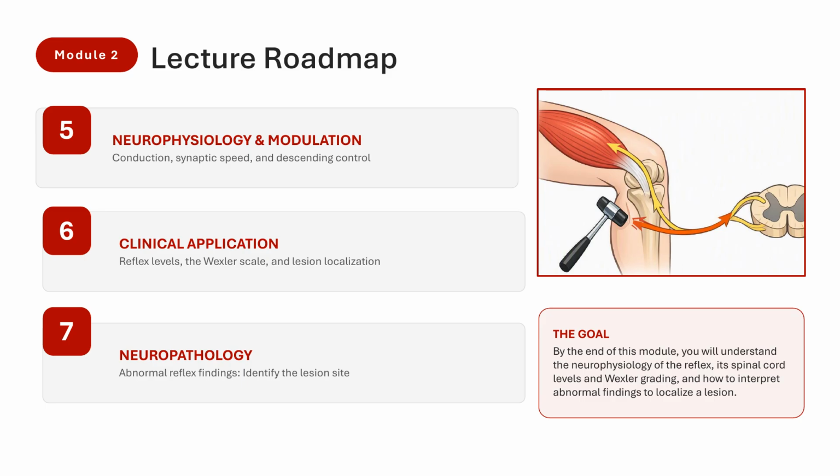Chapter 6, Clinical Application, brings this to the examination itself, the spinal cord levels of each reflex you test, the Wexler scale used to grade them, and the first principles of localizing a lesion from the pattern you observe. Chapter 7, Neuropathology, turns to the abnormal, how reflexes change in disease, and how those changes help you identify the site of the lesion. We will take these in sequence, building from the physiology to the examination to the interpretation.